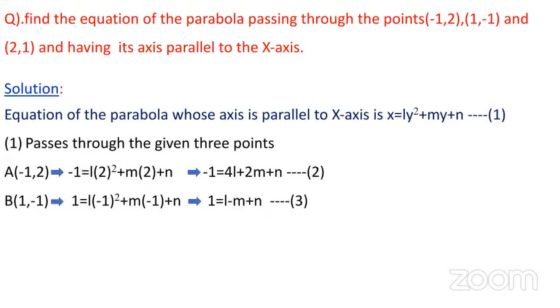This is equation 3. Similarly, for the point C, passing through equation number 1, you will get 2 equals l of 1 square plus m of 1 plus n, that is 2 equals l plus m plus n. By solving these three, you will get the l, m, n values.